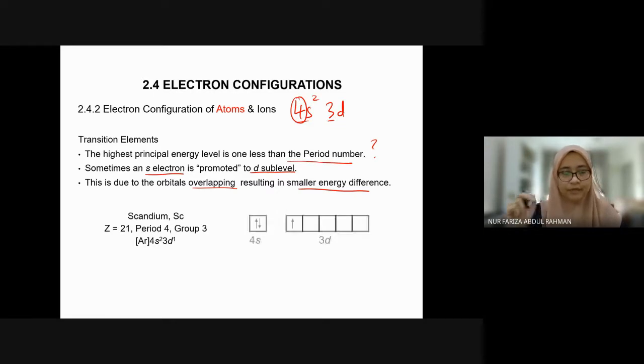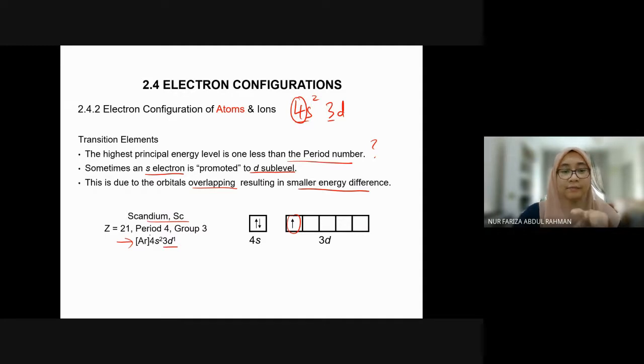Okay, for example, scandium. How do we know that scandium is a transition element? Because when we write the electron configuration, it ends with the D orbital: 4s2 3d1. This is the condensed form. So how do we write the orbital diagram for scandium? We have 4s2 and then 3d1.